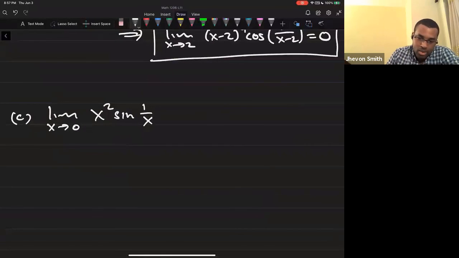Similarly here, you can't really plug in x equals 0 because of the division by 0 problem.